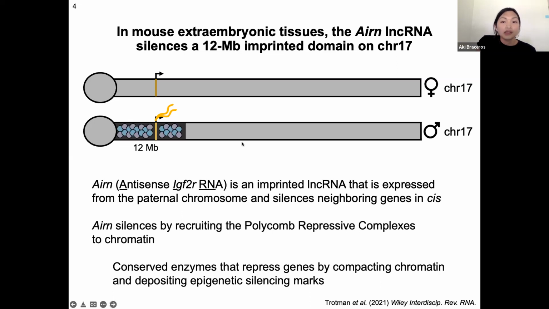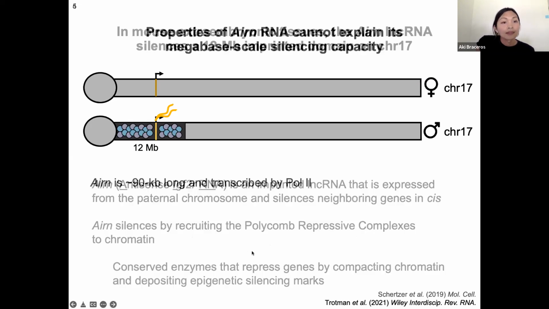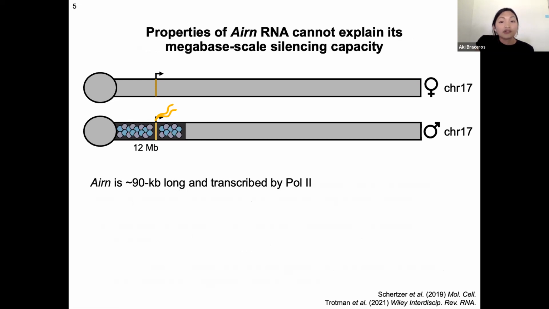We know from our work and others that one way that Airn silences is through the recruitment of the polycomb repressive complexes to chromatin. These are highly conserved enzymes that repress genes by compacting chromatin and depositing epigenetic silencing marks. In regards to the properties of the Airn RNA, we know that it's incredibly long at about 90 kilobases in length, and it is transcribed by RNA polymerase II.